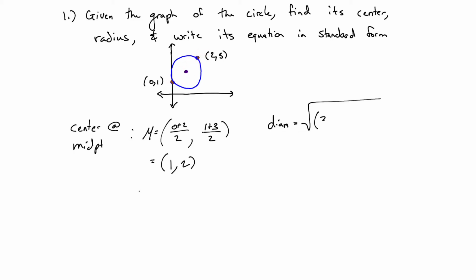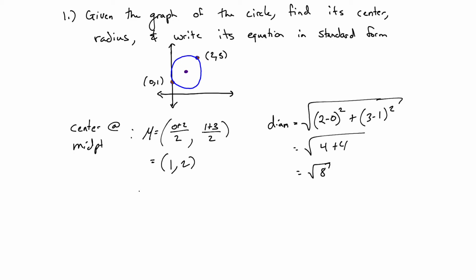So 2 minus 0 squared, or just 2 squared, plus 3 minus 1 squared, which is the square root of 4 plus 4, right? Because 2 squared is 4, and then 3 minus 1 is 2, squared is 4. So this is the square root of 8. I'm not too concerned with you trying to simplify this at all. It should be fine like this.